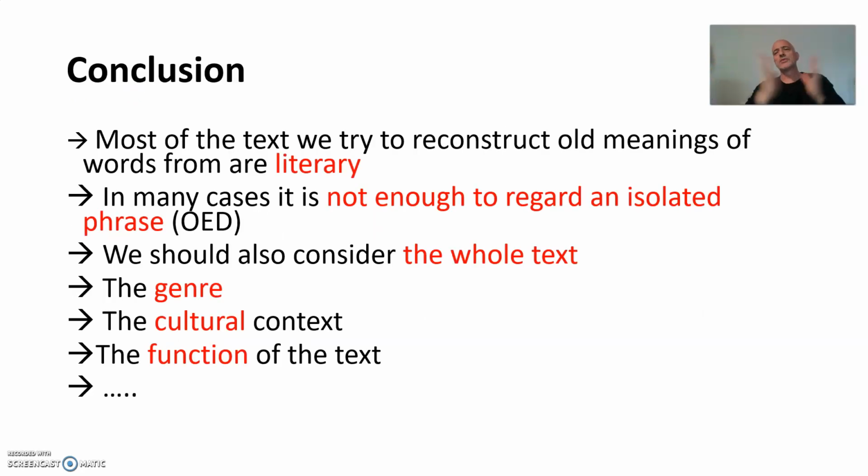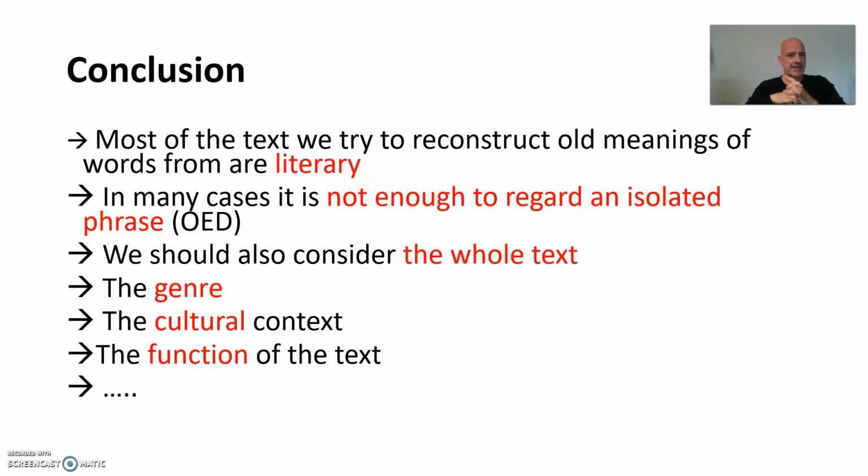So what conclusion can we draw from this reading of nice? First of all, I refer to literary texts, trying to reconstruct old meanings. And of course, this is mostly the case, that the further back we go in time, the more we have to rely on literary texts.